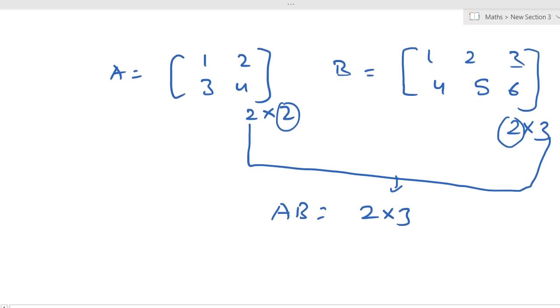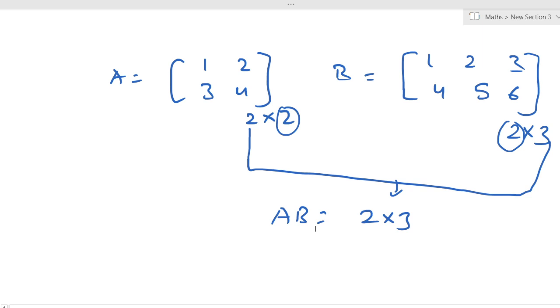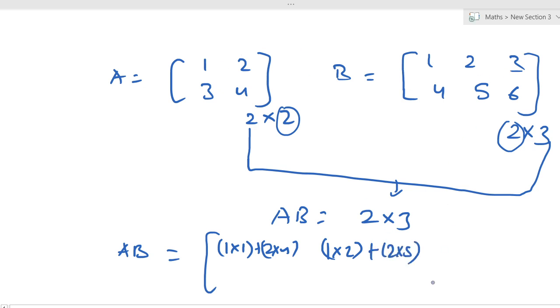So let us calculate AB. Multiply the first row with the first column, the first row with the second column, and the first row with the third column. 1 into 1 plus 2 into 4, 1 into 2 plus 2 into 5, 1 into 3 plus 2 into 6.